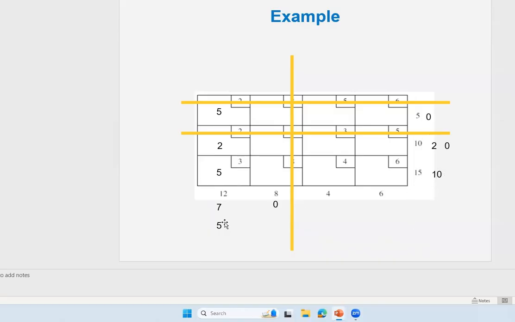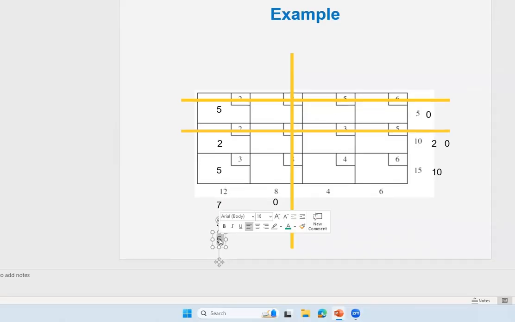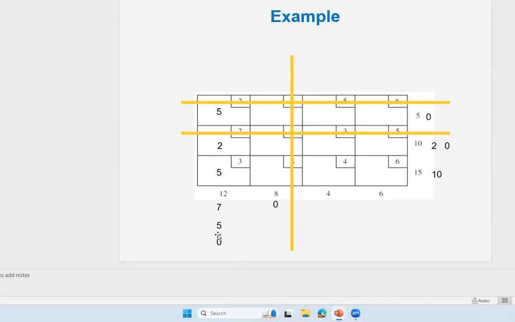All right, this one, 5 minus 5 is 0. So out of these, this column needs to be removed because it has a 0. Now we are left with these 2 cells. Minimum cost 4. Minimum of 4 and 15, 4.